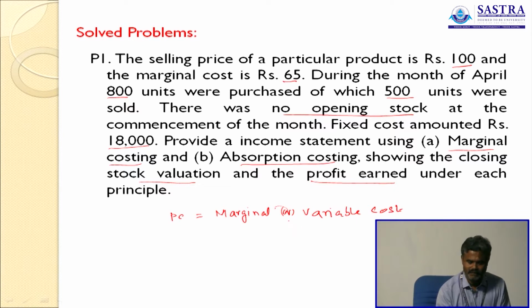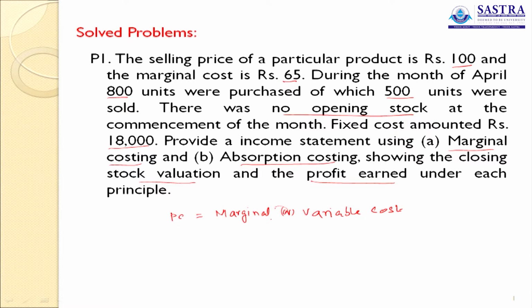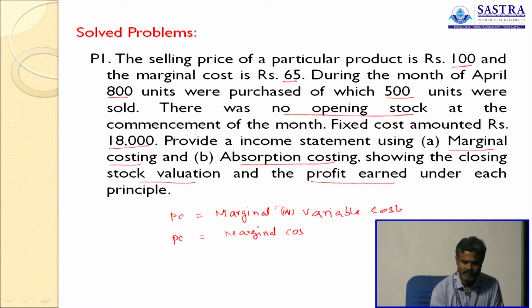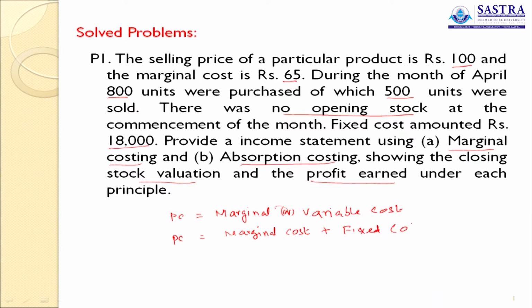Here we have to take only variable cost or marginal cost as a product cost. In absorption costing, product cost is equal to marginal cost plus fixed cost. Here both costs will be taken into consideration for preparation of income statement.